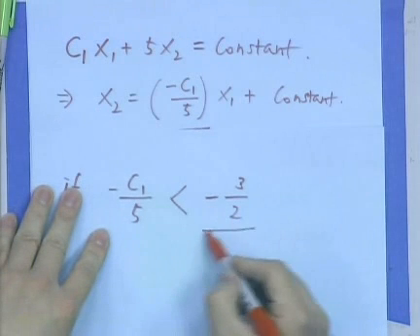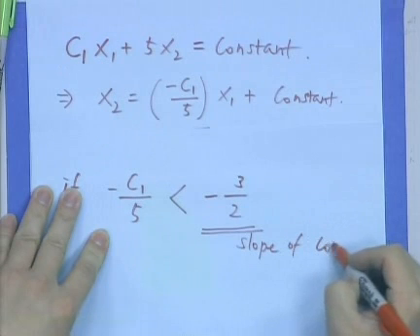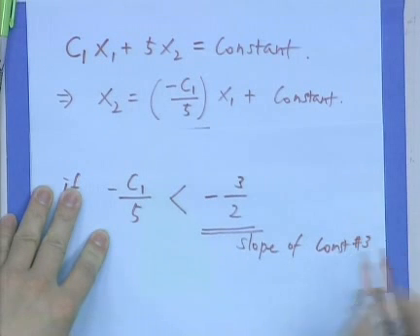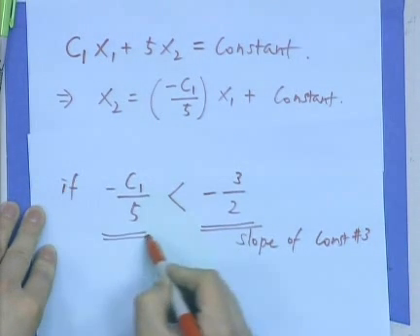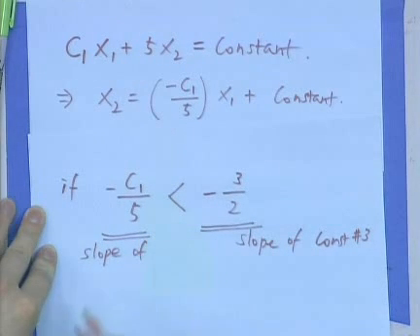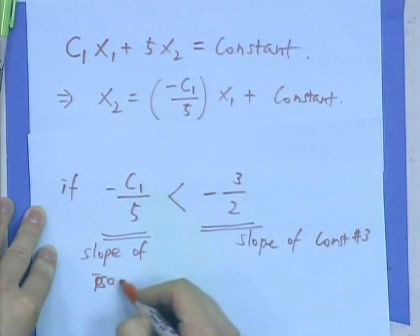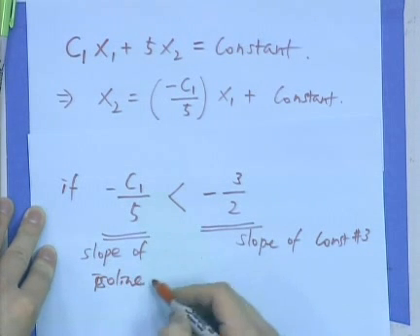This is the slope of constraint number 3, and this is the slope of iso value line. Okay?